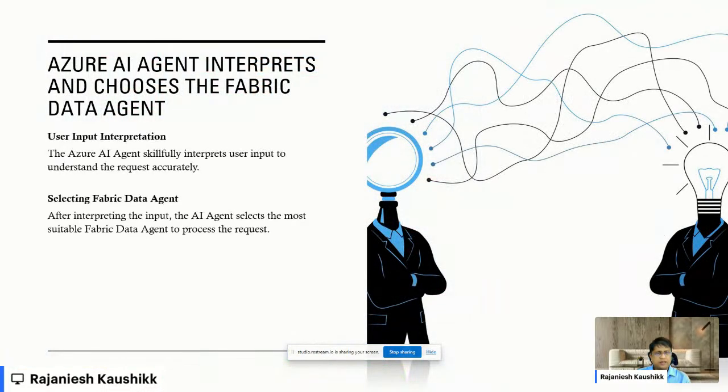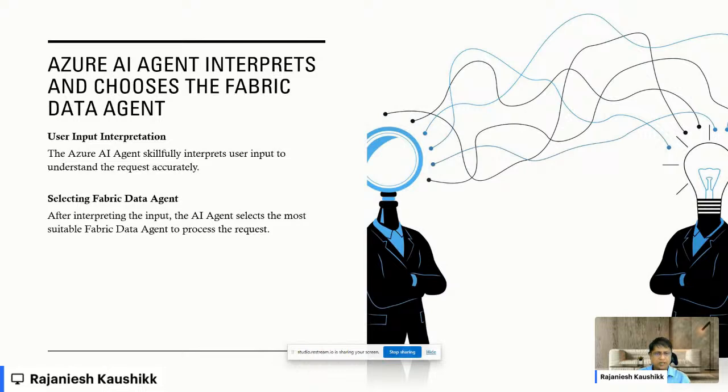Azure AI agent interprets this query, and it understands that this particular question requires access to the Fabric Data Agent, because this is a data related question, and it knows that there is a doctor entity inside the Fabric which might hold the doctor information, and it will directly connect to the Fabric Data Agent to fire that query.